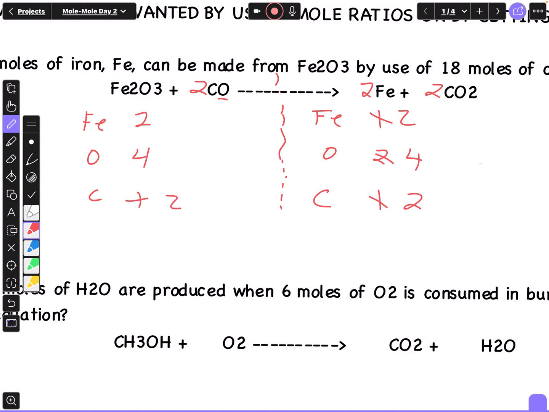I have 3 that's part of the Fe2O3, plus 2 more, that gives me 5, which messes everything up. Very rarely, maybe 1% of the time, you're going to run into one like this where it's all messed up.